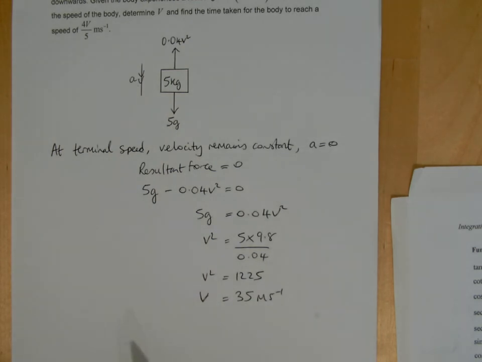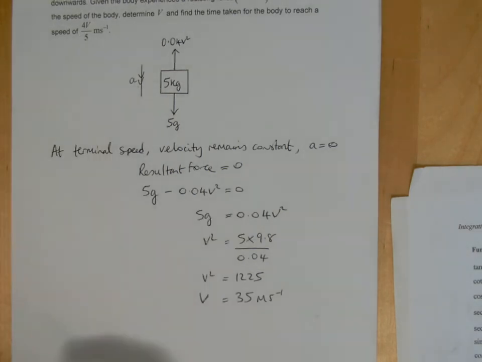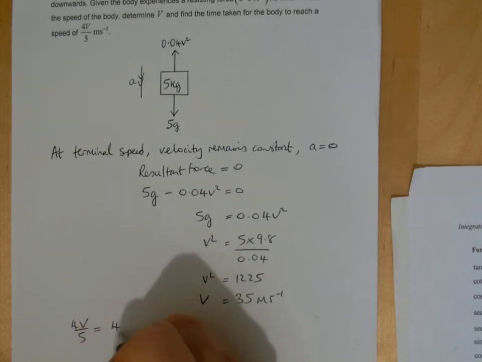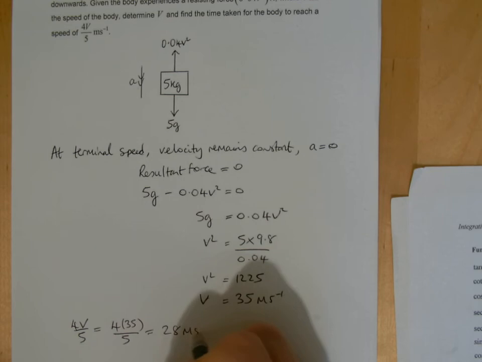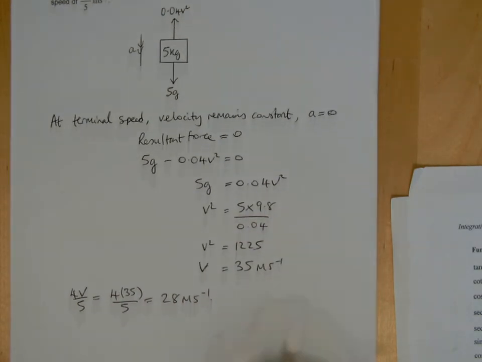But it says then, find the time taken for it to actually reach 4/5 of this terminal velocity. So 4/5 of v, or 4v over 5, will simply be 4 times 35, divided by 5. And if I do that, it comes out to be 28 meters per second. So find the time taken for it to actually reach 28.